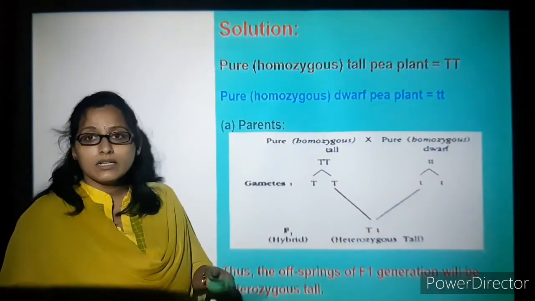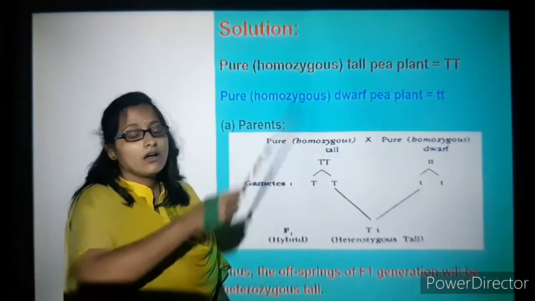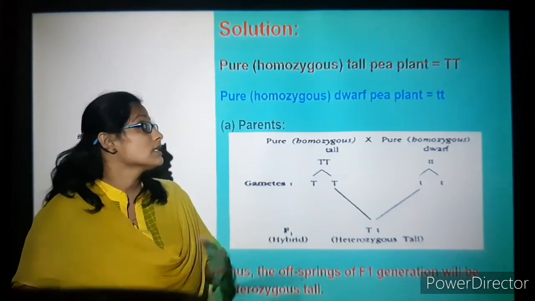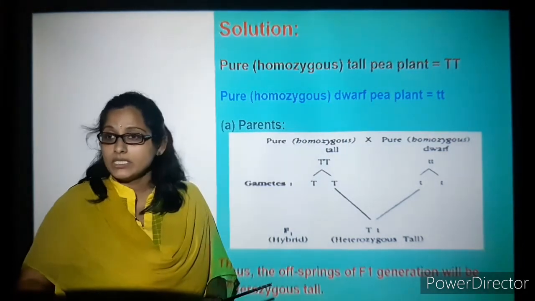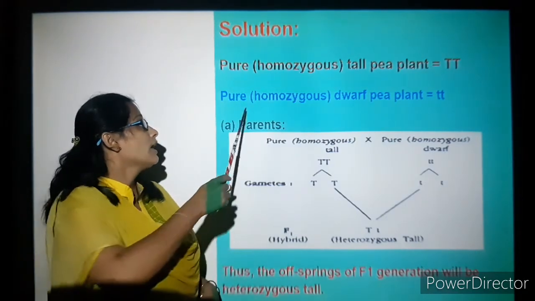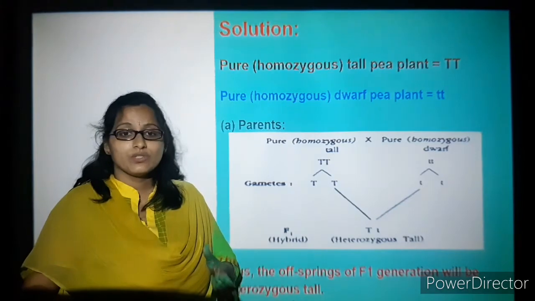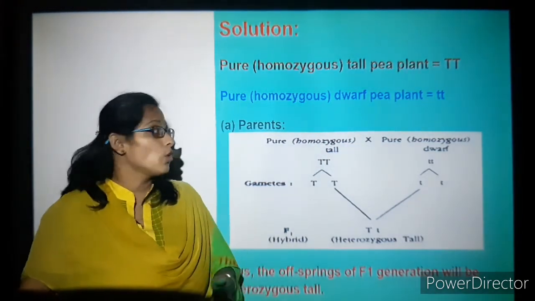So let's understand now the solution of it. Pure, that is already we have told, pure means the parental characteristics. So the tall pea plant is represented as capital T and capital T, and you can see the pure homozygous recessive, that is the dwarf pea plant, will be small t and small t.